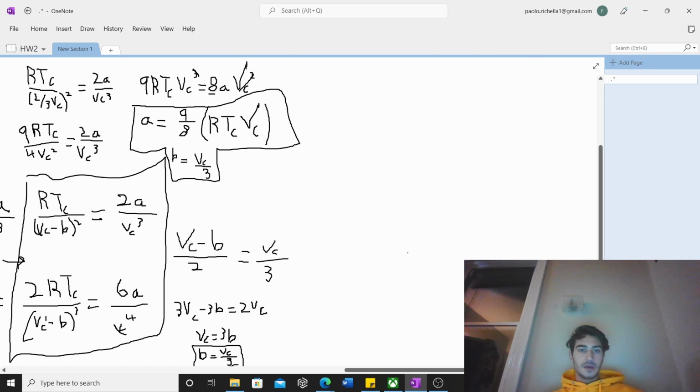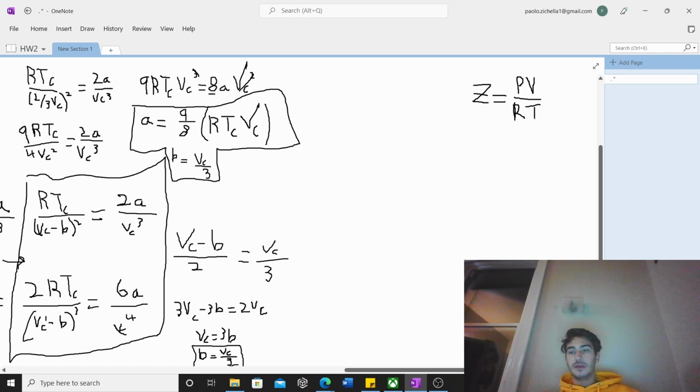So the whole idea here is to solve for the compressibility factor of this, right? And as we know, the specific compressibility factor for something is the letter Z, and it is equal to the pressure times the volume all over the constant R times the specific temperature, right?